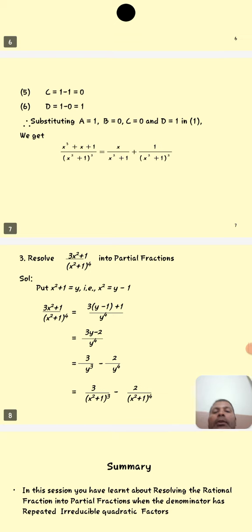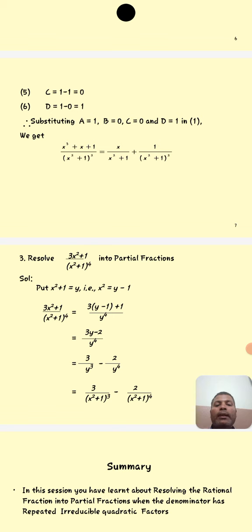So the third question is a different type of problem using the substitution method. Put x square plus 1 equal to y, that is, x square equal to y minus 1. In the place of x square we substitute y minus 1. Now here, 3 into (y minus 1) plus 1 over y to the power of 4: 3y minus 3 plus 1 equals 3y minus 2, so (3y minus 2) divided by y to the power of 4.